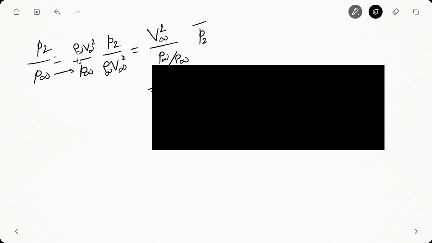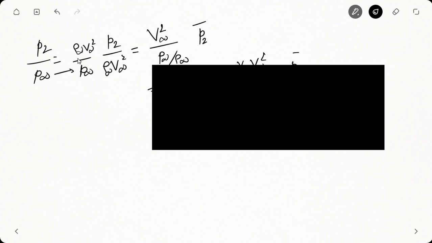We have P2 bar here non-dimensionalized, and V infinity square by RT. Now if we just write gamma here and gamma here, this becomes actually gamma V infinity square by under root gamma R T infinity whole square, and then P2 bar.